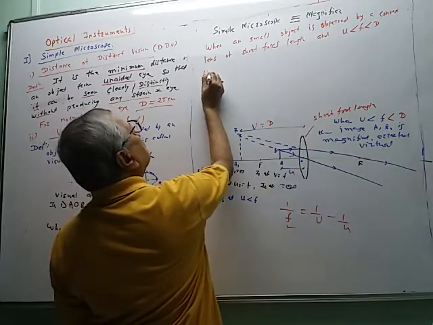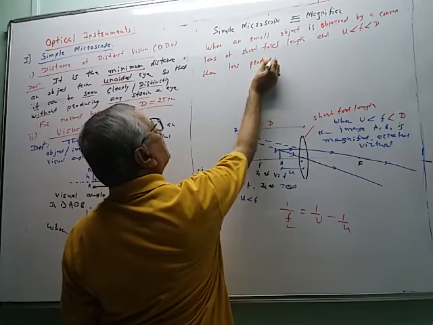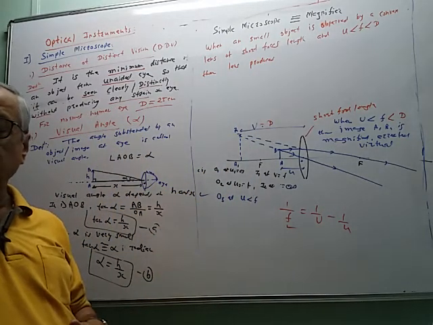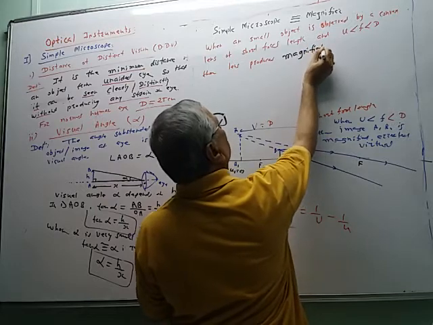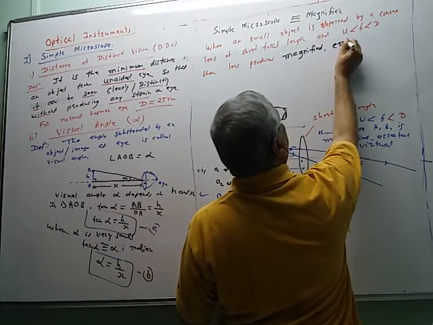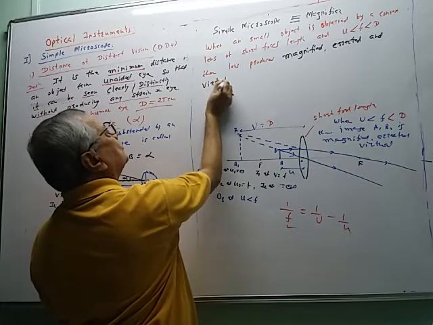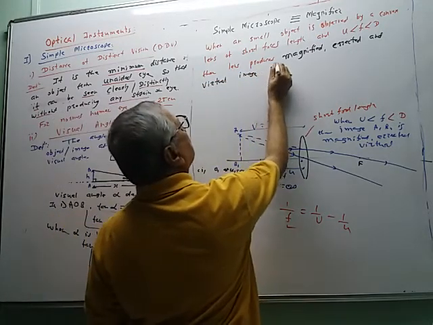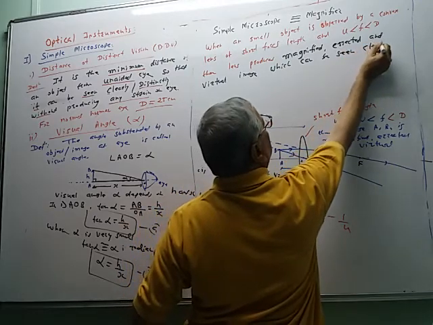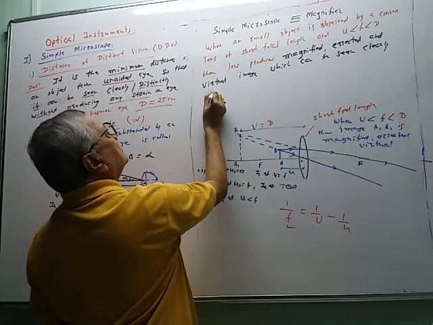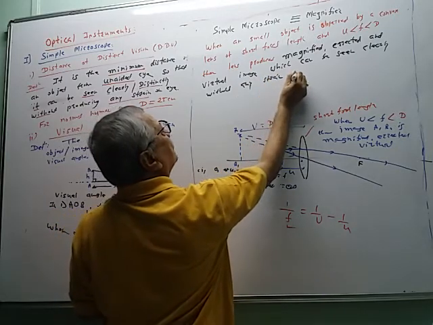Then lens produces magnified, erected and virtual image which can be seen clearly without any strain on eye.